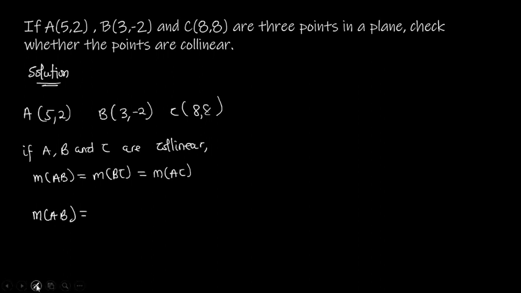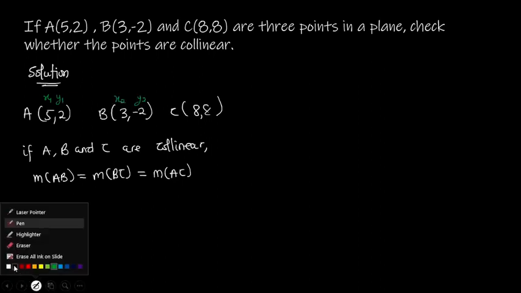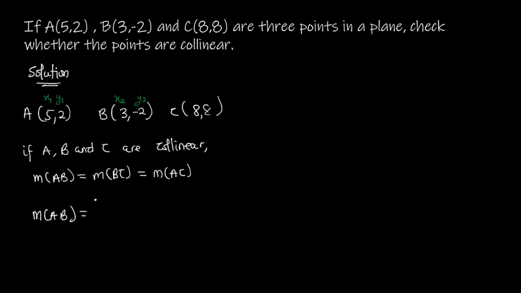So the first thing I do is to calculate the gradient of my points AB. So for my point AB, this becomes my x1, y1, x2, y2. Okay, so my formula is y2 minus y1 on x2 minus x1.